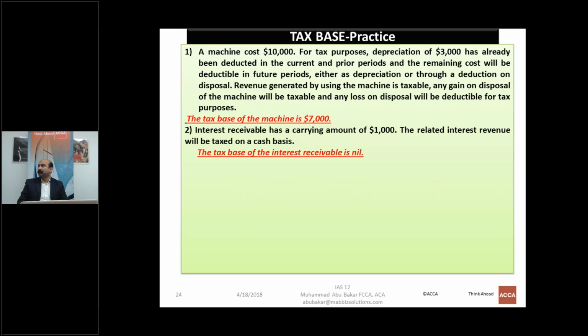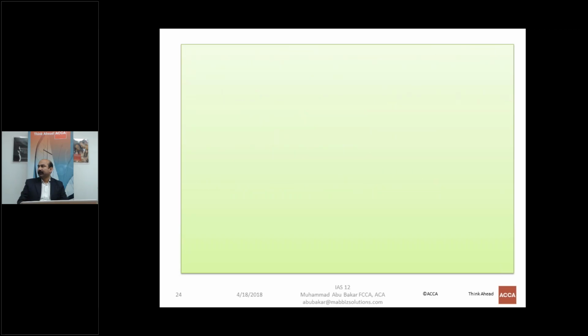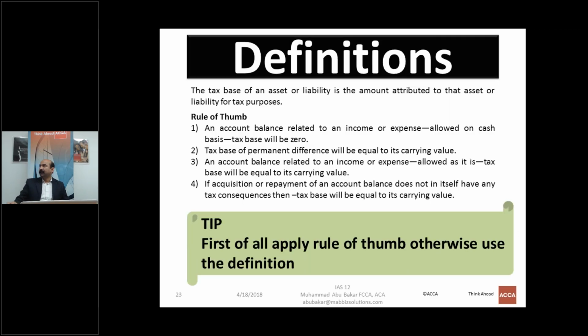So if we go back to our rule of thumb, sorry, this is rule number 3. An account balance, meaning account receivable related to revenue allowed as it is, tax base will be equal to its carrying value.